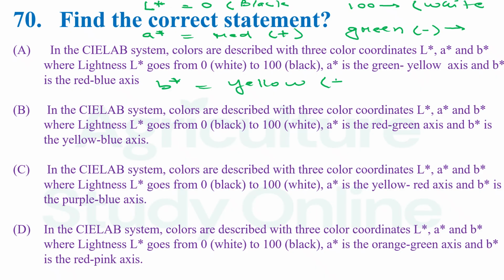Yellow is positive and blue is negative. So over here, we can see option number B matches correctly: in the CIELAB system, colors are described with three color coordinates L star, a star and b star, where lightness L star goes from 0, black, to 100, white, a star is the red-green axis and b star is the yellow-blue axis.